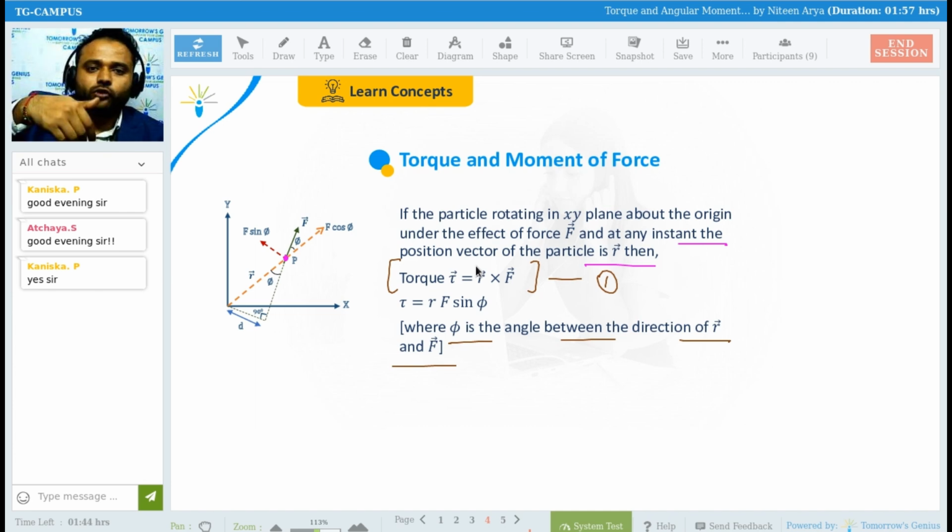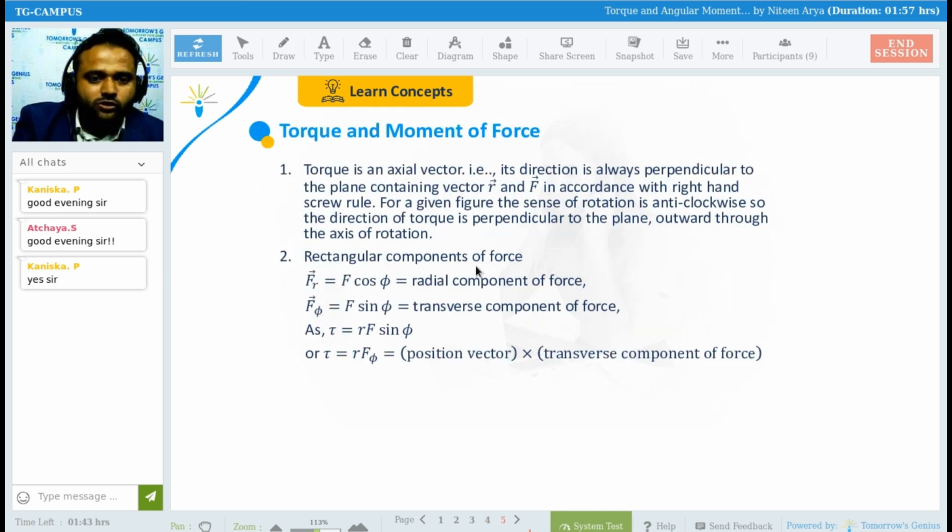Whenever we want to open it, we rotate it in the anti-clockwise direction, so the screw comes out. These are basic simple examples of rotation in day-to-day life. Clear everyone?